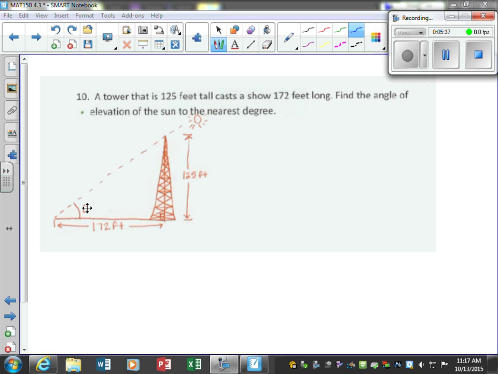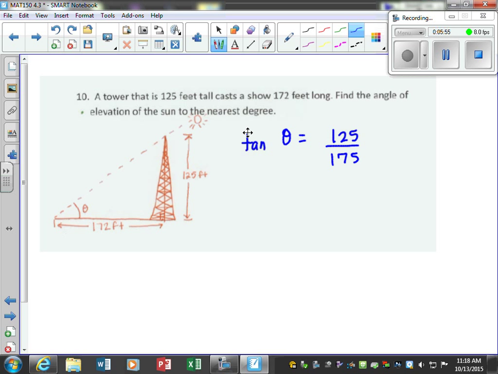Tangent, right? So of angle theta, tangent is going to be opposite over adjacent. So we narrowed down in the same line of thinking as we did in the previous problems. Tangent theta is equal to 125 over 172. Because remember, when we're solving for anything, we can only have one unknown value. So in this case, tangent allows theta to be the only unknown value. So to solve for this, angle theta is going to be tan inverse.